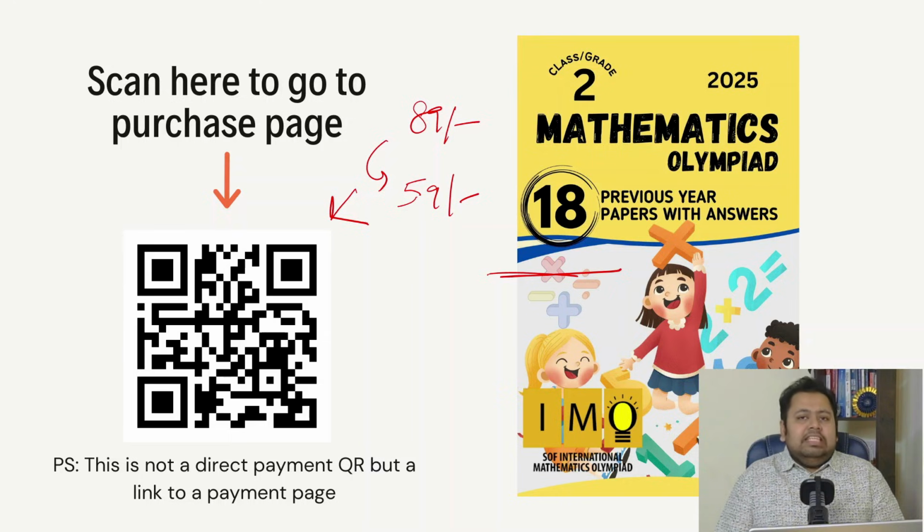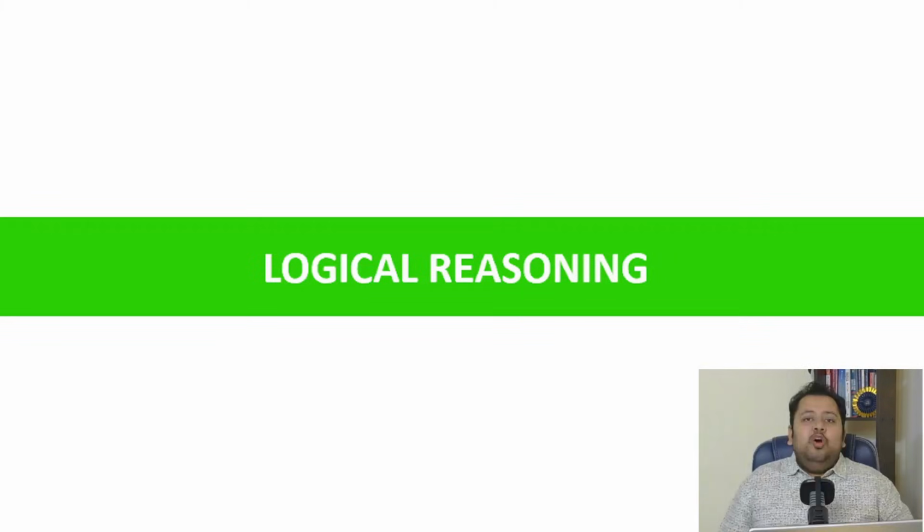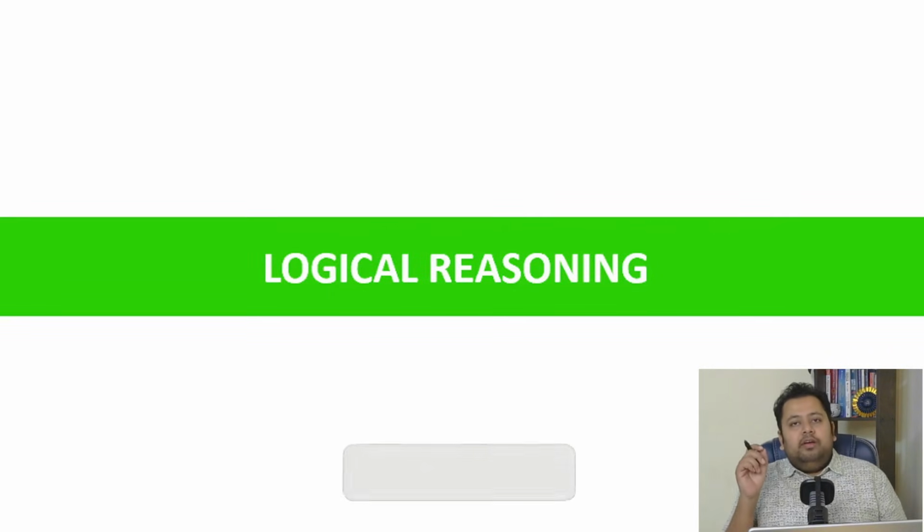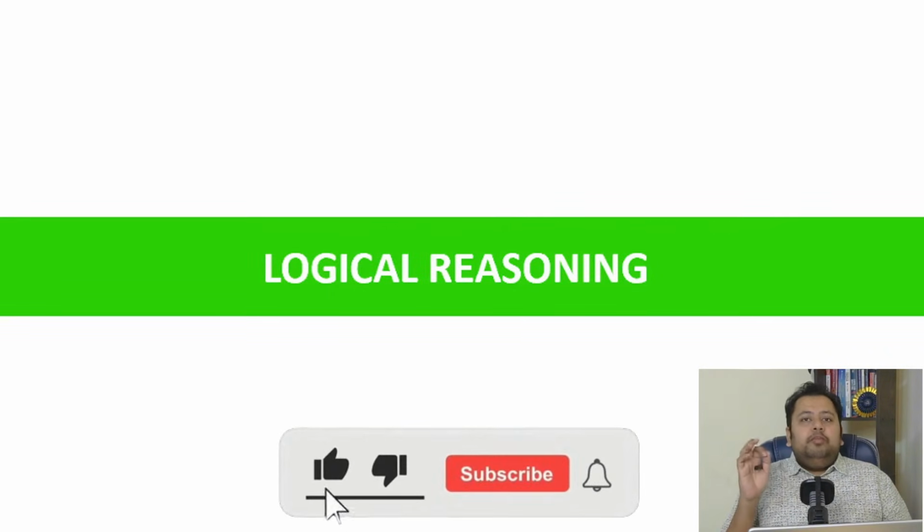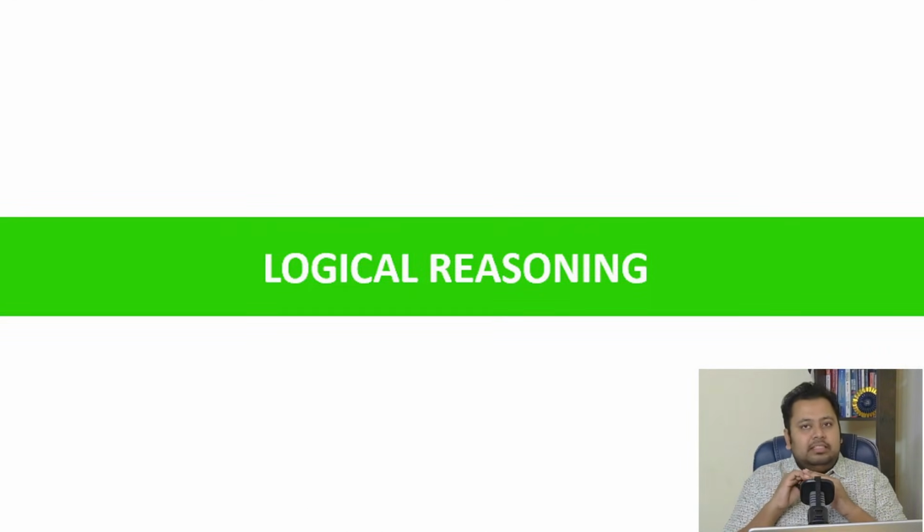Now that we are done with this, let's jump into solving the question paper. I hope you are aware of the pattern of the examination, but still, I would just give you a gist of what the pattern is. There will be four sections: logical reasoning, mathematical reasoning, everyday mathematics, and achiever section.